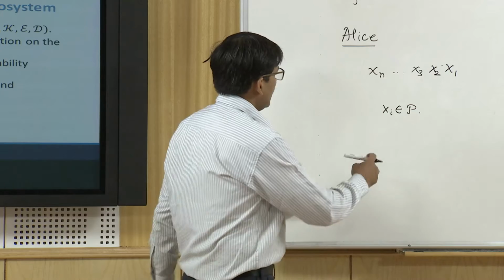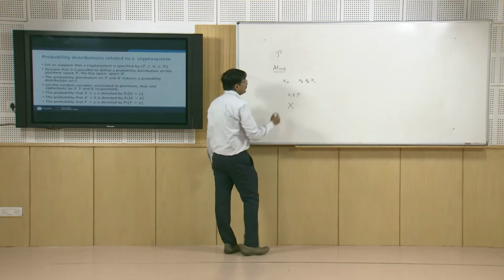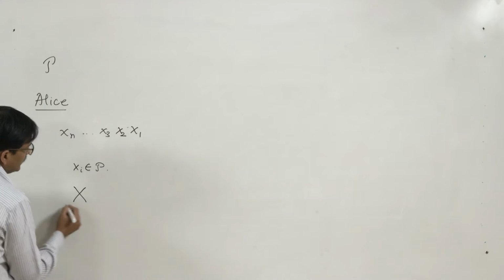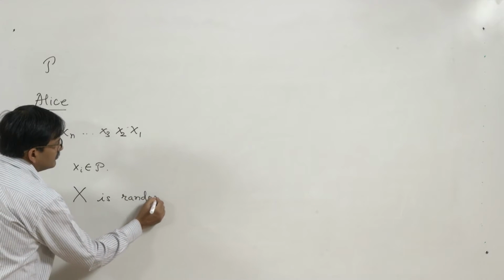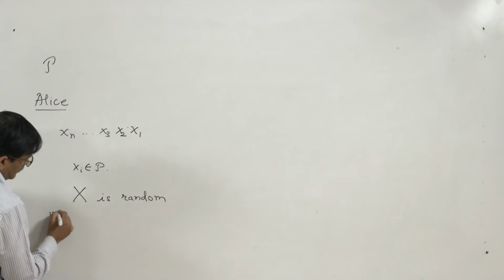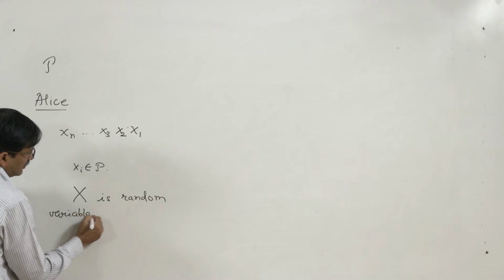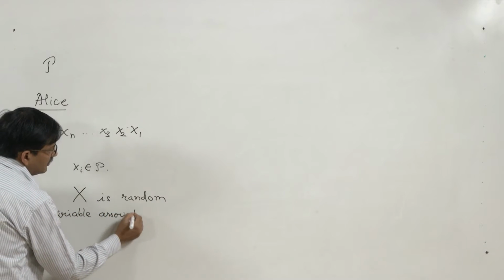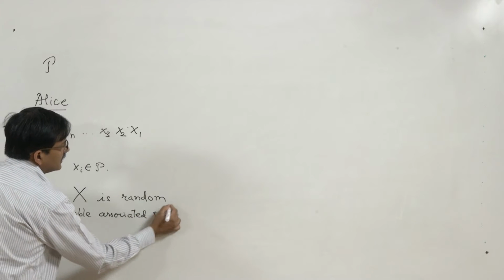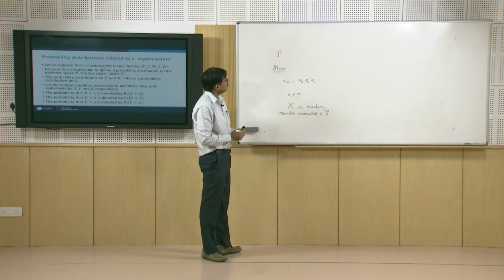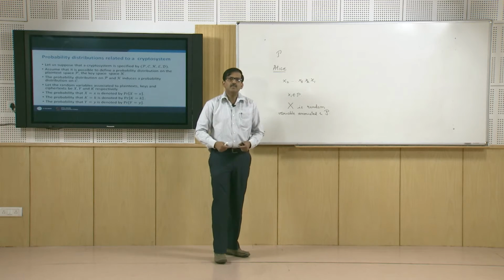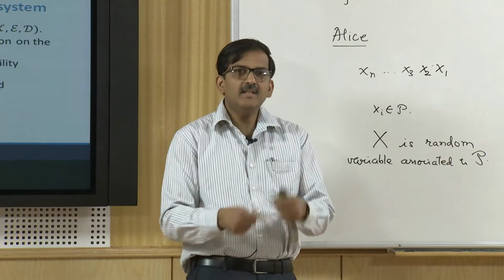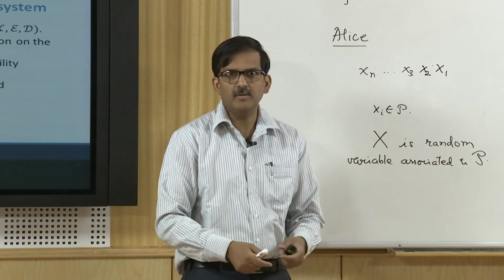So, we say that there is a random variable X associated to the set of plain text P, and each time Alice sends a plain text letter, we get an instance of that random variable.